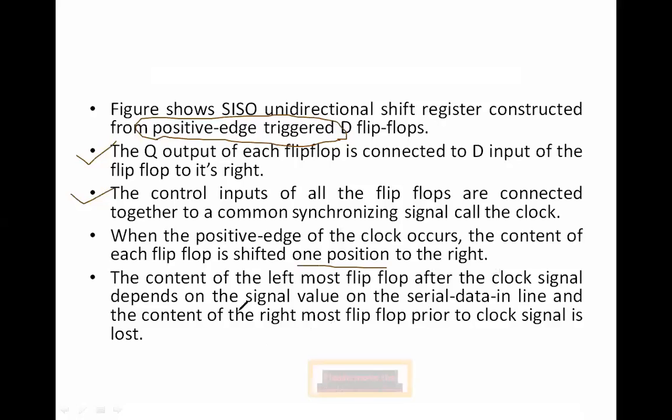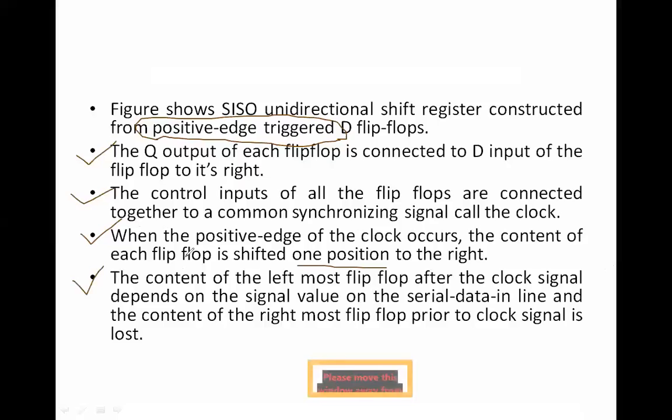So whatever content was there on the leftmost flip-flop after the clock signal depends on the signal value of the serial data in line, and the content on the rightmost flip-flop prior to the clock signal is lost. As soon as there is a clock signal, whatever value was at the output side is lost, and whatever was previously in the third stage gets moved on to the fourth stage.